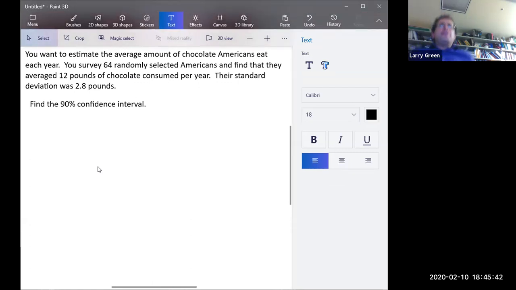Okay, how is this very different from the last one I did? It is important that you can spot the difference. Standard deviation, yeah, kind of, but not really.